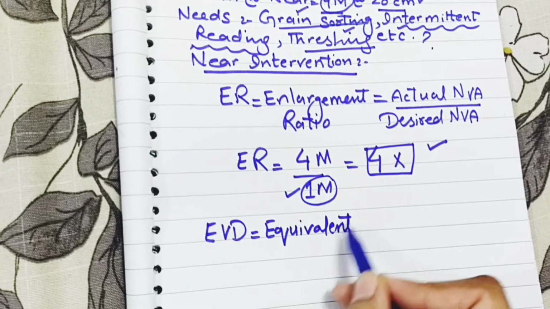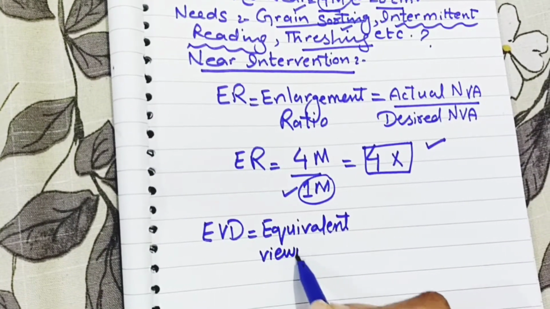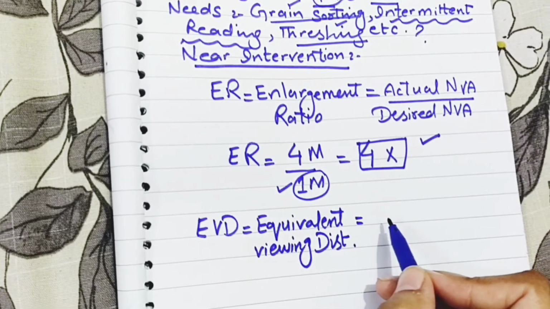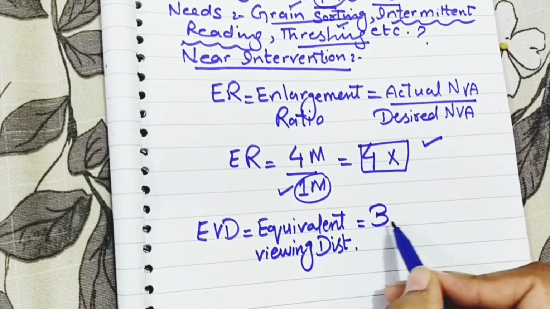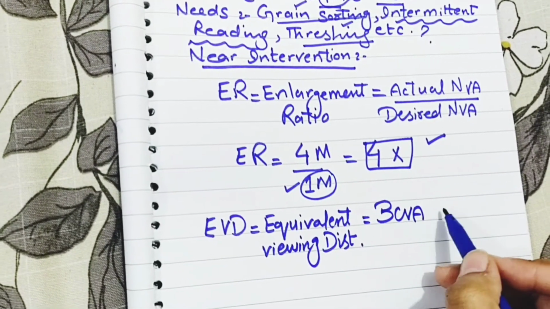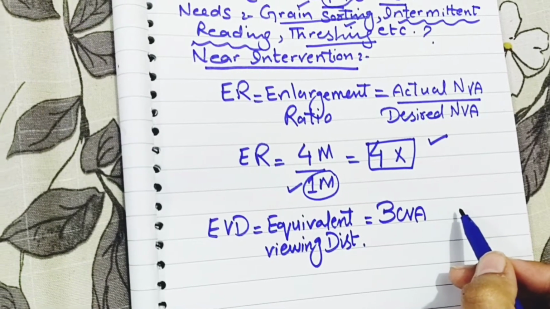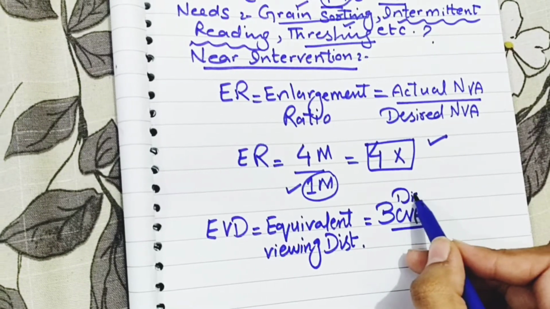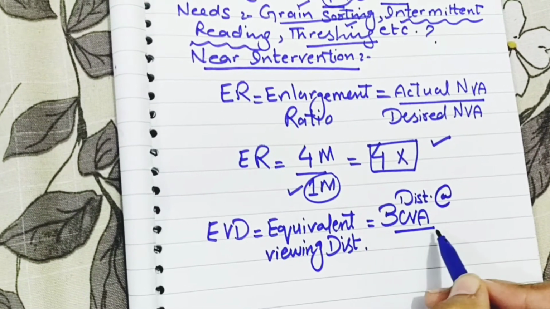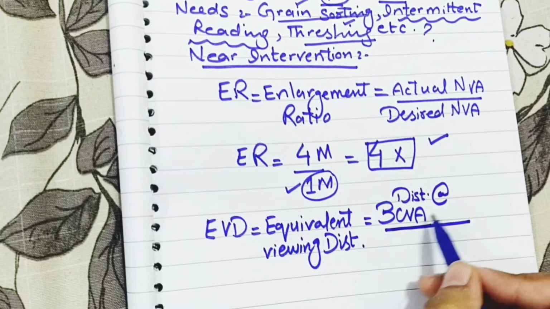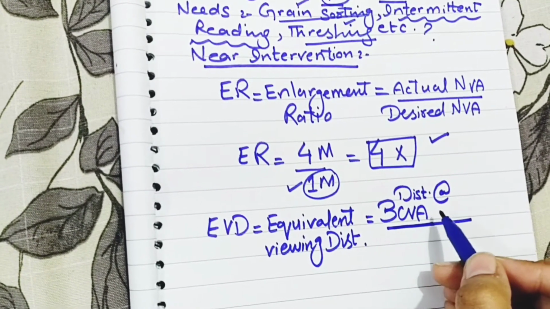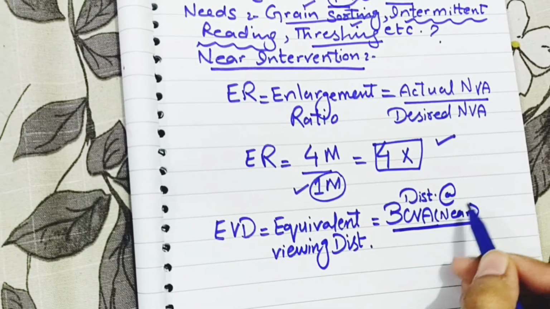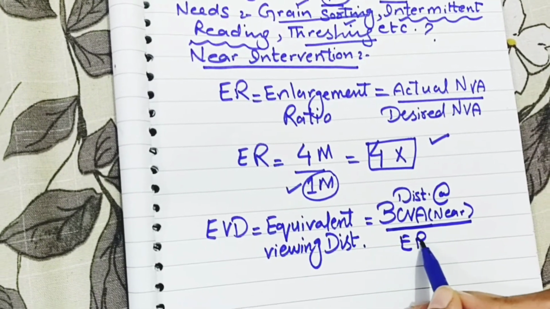Now we will calculate the equivalent viewing distance, EVD. The formula is: EVD is equal to the distance at best corrected near visual acuity divided by the enlargement ratio.